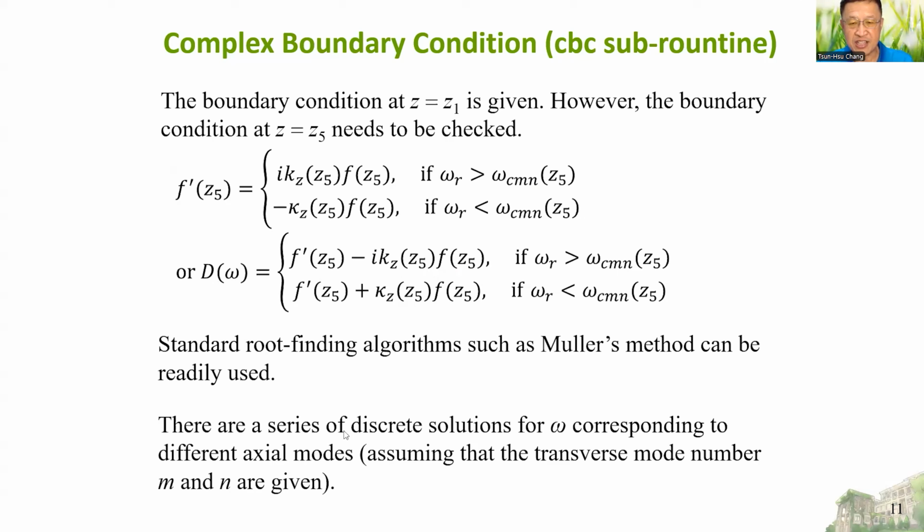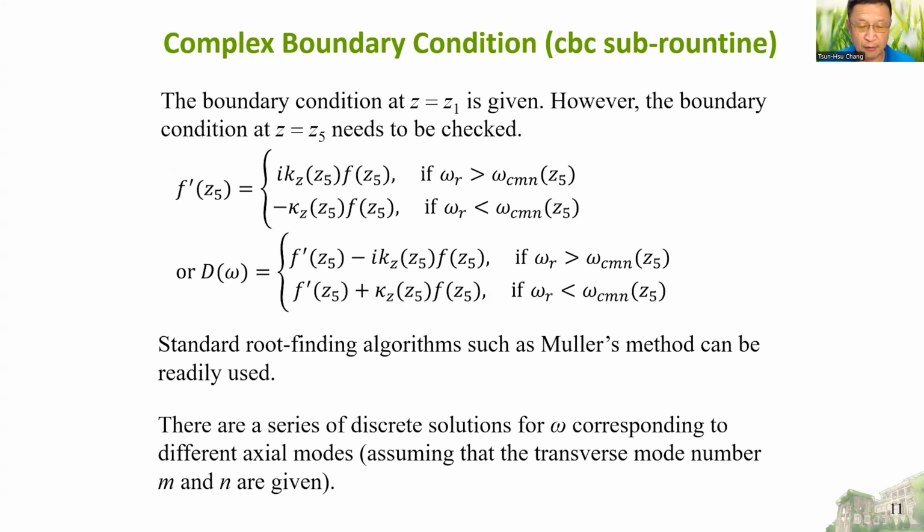There are a series of discrete solutions for omega corresponding to different axial modes, assuming that the transverse mode numbers m and n are given. So we have the TE m n mode, but they also correspond to different axial modes, transverse mode as well as axial mode.